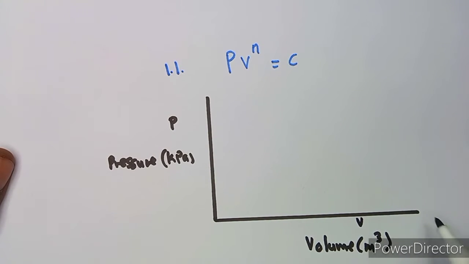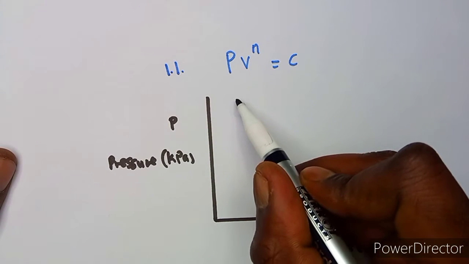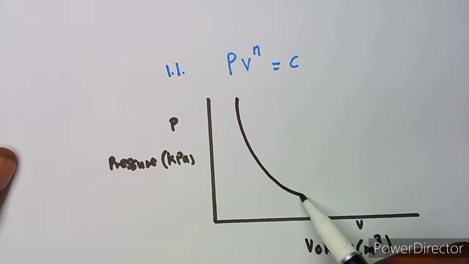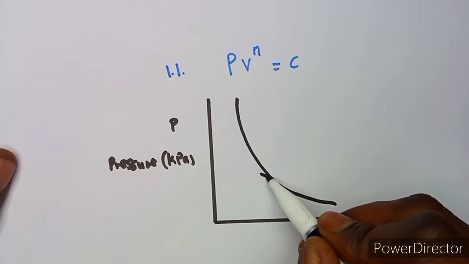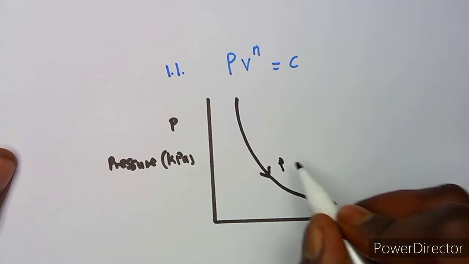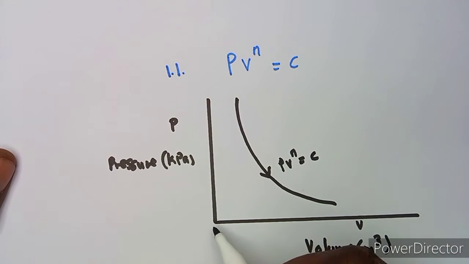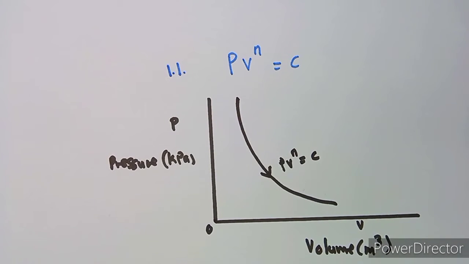So for the polytropic, you shall have something of this nature. That is your polytropic, PV to the exponent of n is equal to c. At this point you'll be having 0 for both volume and pressure. That is what we needed, just a simple illustration.